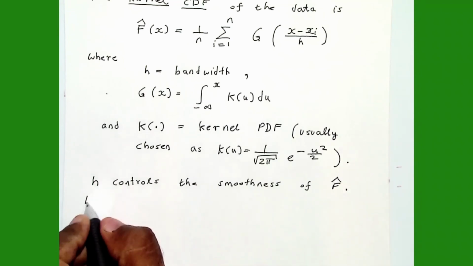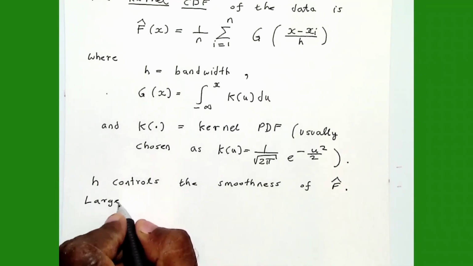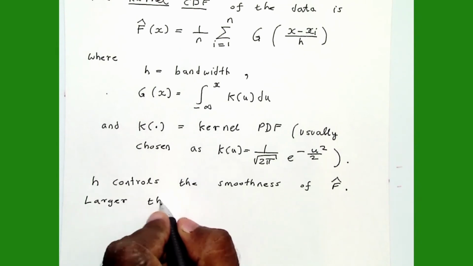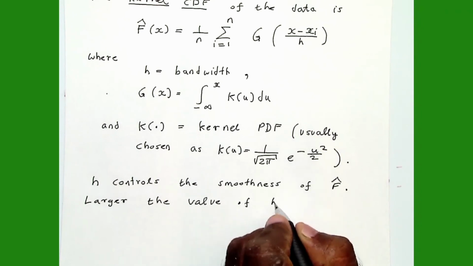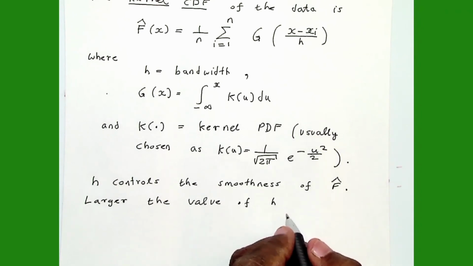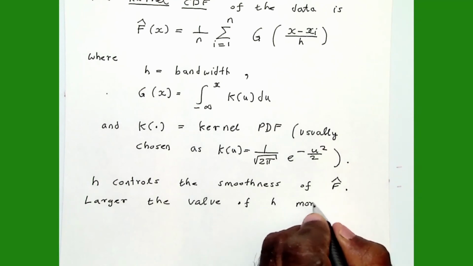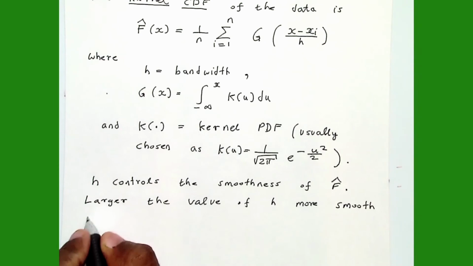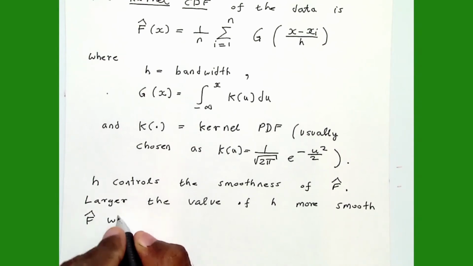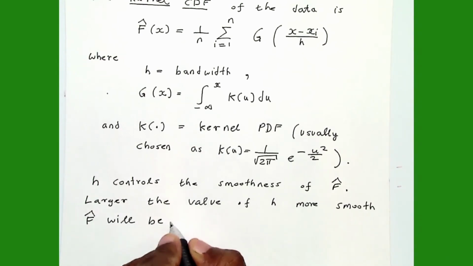The larger the value of h, the smoother F hat will become. All right, so this is all about the kernel CDF.